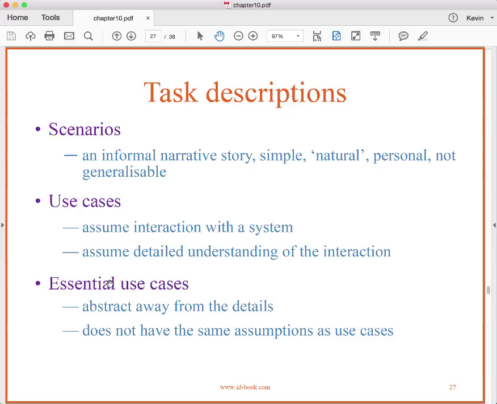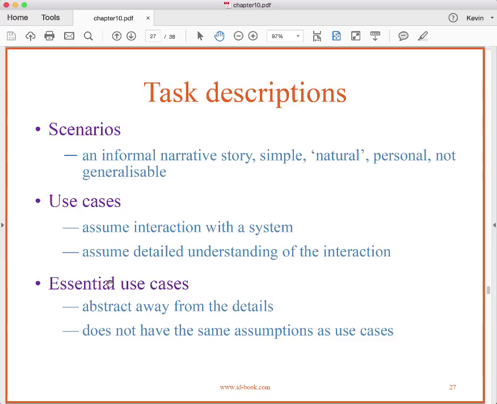They have some of the detail that we put into scenarios, and they're just another subgenre. So the general genre here is story-based task descriptions. They're all based on stories.